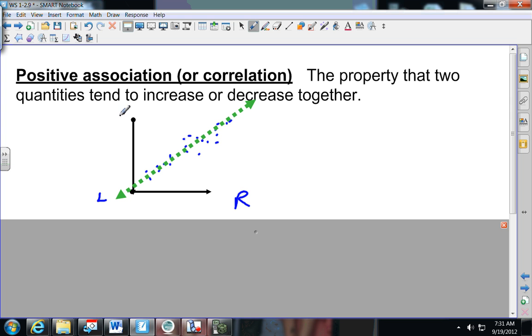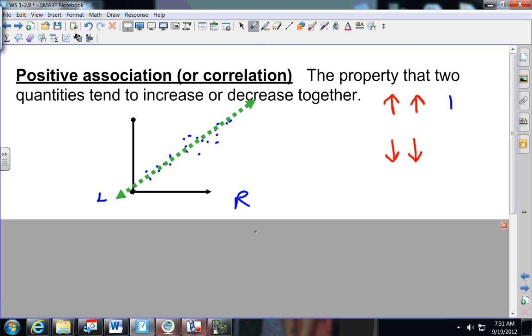It means, like it says, when two quantities, and we'll be talking about the two things, either increase or decrease together. That means when the two things we talk about are both increasing, or if they're both decreasing. Sometimes the decreasing part is what makes us so confused when we talk about associations. But think about multiplication.